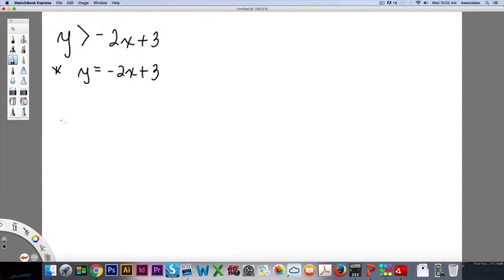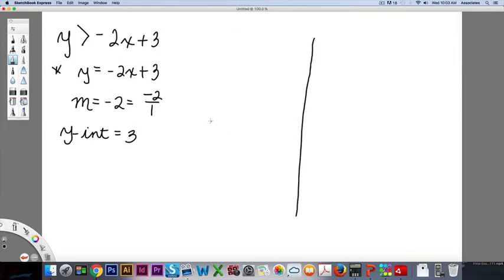Welcome back. So what we found out here is we should have noticed that the slope is negative 2. I'm going to make that negative 2 over 1 because slope needs to be a fraction. The y-intercept is going to be positive 3. So I'm going to go to my graph and use that information to make 2 points.